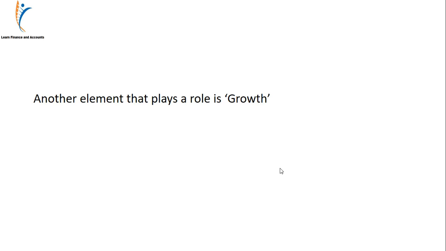Another element that plays a role is the growth. Now, if the company tells you you have cleared the interview, will you join our company? Then you will think, okay, I will join, but let me also think that people who are already working in this company get promotion after every 1 year or after every 2 years, and they get an increment, and this is the bonus that they are getting. So you think about growth in that company. So growth also plays an important role in whether you are going to join that company or not.